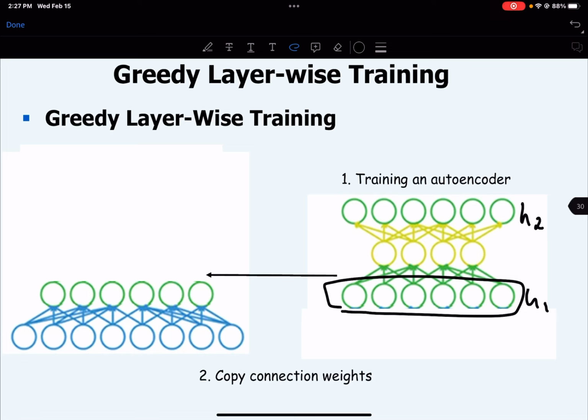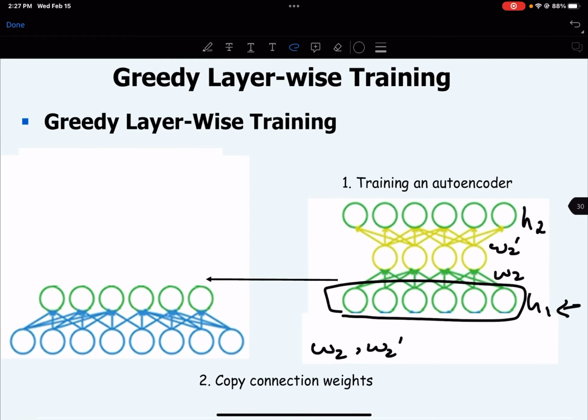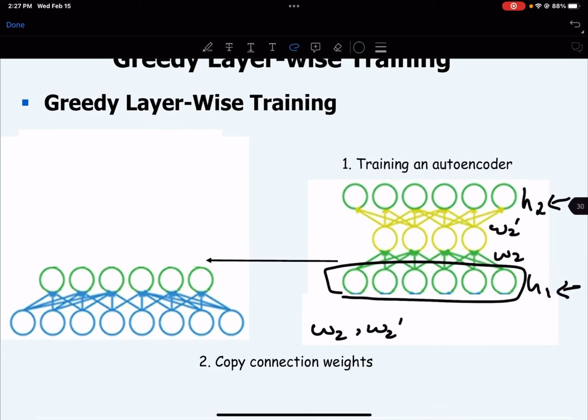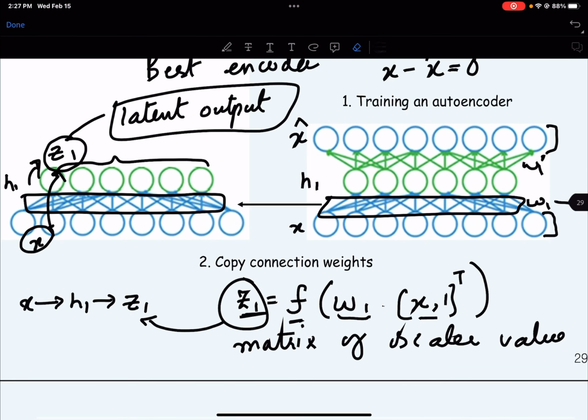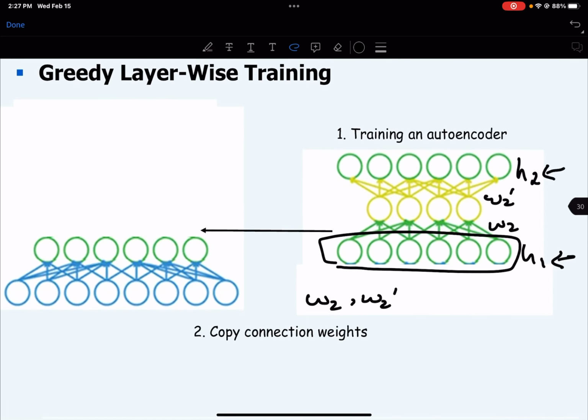Your weights here will be your W2 and W2 dash. In the same way, we will train the network. Whatever is the input here, it should be the output here. So we have chopped out this part. We no longer have this part, we only have this part. And now using this part of the network, we are trying to learn the weights in the next part.